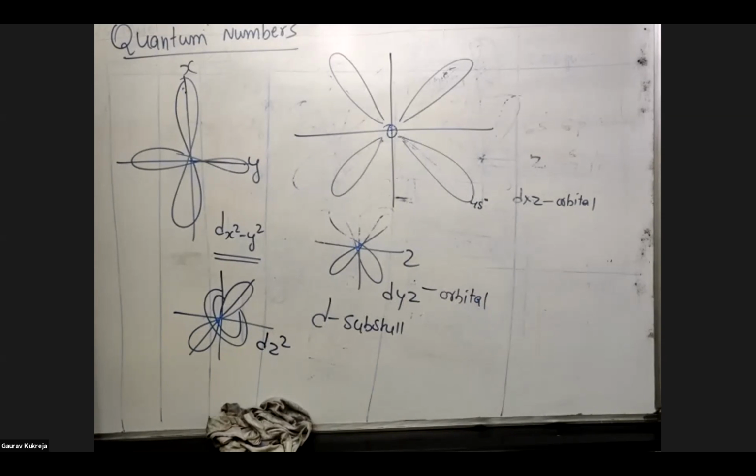Center के साथ आप compare करोगे, they are at the same distance from the nucleus. What matters for an electron is the distance from the nucleus. So as long as there is no increase in the distance, the electron is free to go anywhere. So you can fill an electron anywhere in these particular orbitals.